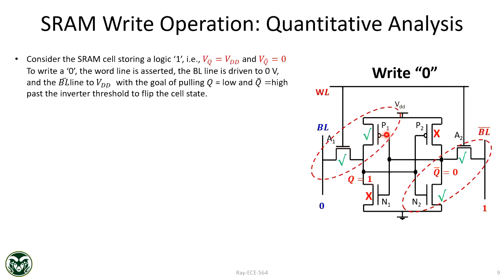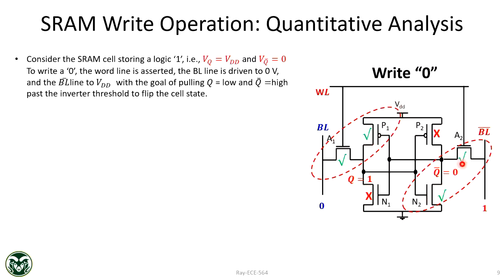P1 wants to keep Q at 1, because anytime Q loses charge, P1 is on, it will immediately replenish that lost charge. But this access transistor 1, A1, wants to discharge it because one end is 0, another end is VDD, right? So this will try to discharge. So this is one competition: this wants to discharge, this wants to keep it at charge.